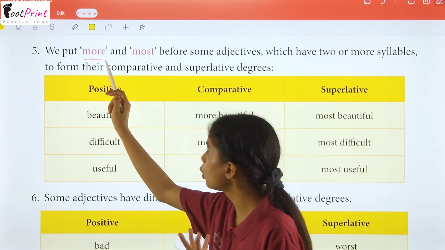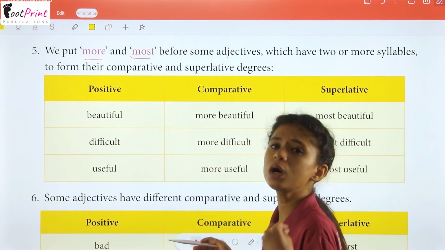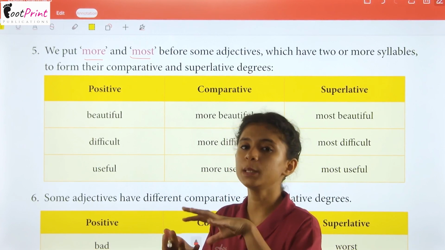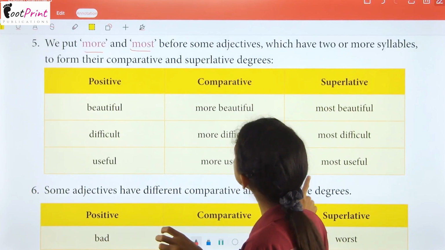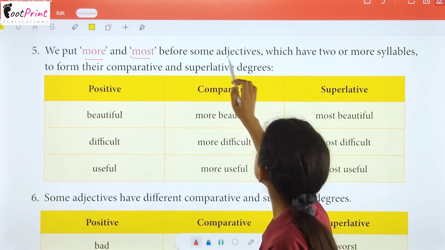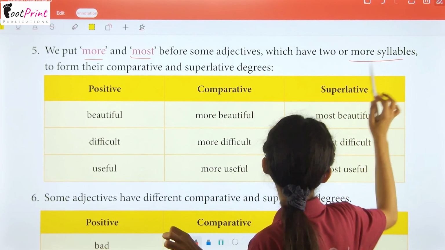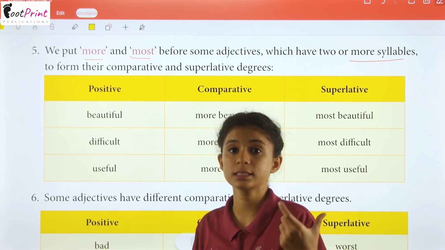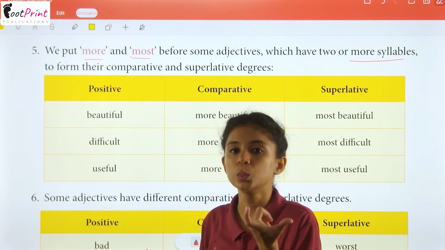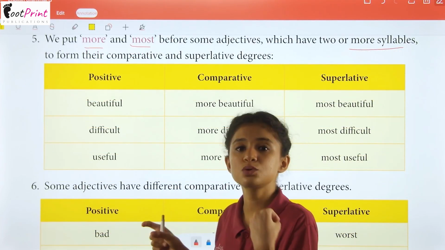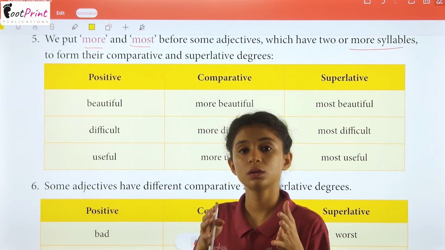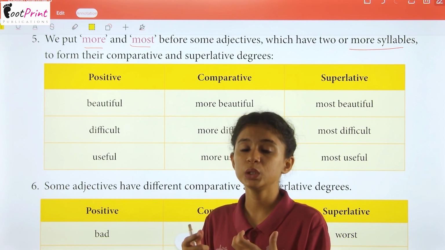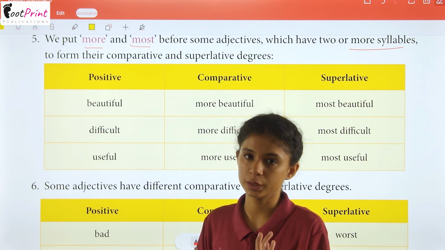We put more and most before some adjectives. Before some adjectives which have 2 or more syllables. The adjectives that have 2 or more syllables are larger words. So without converting them using ER or EST, we use more and most before them.